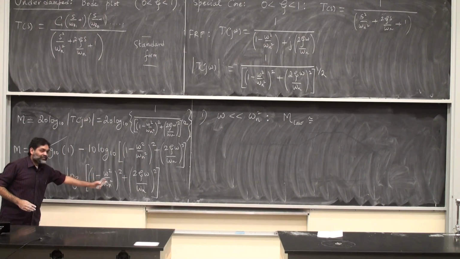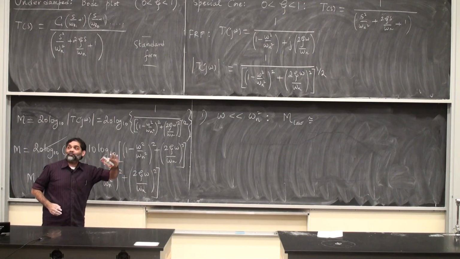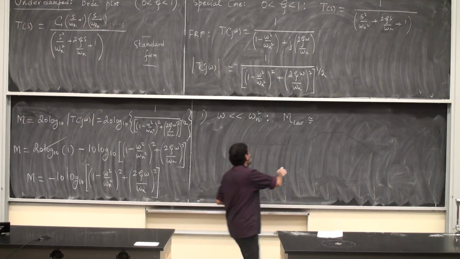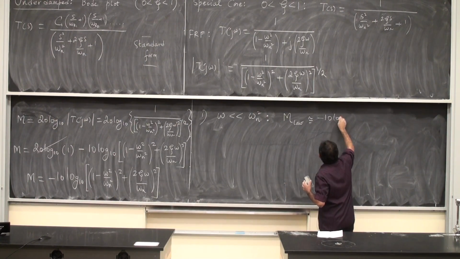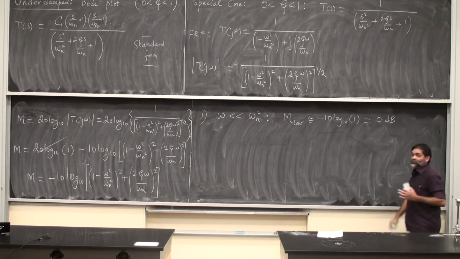This term here vanishes. This term here is also very small and it vanishes. So I'm going to have minus 10 log of 1, which is just 0 decibel, so this is good.